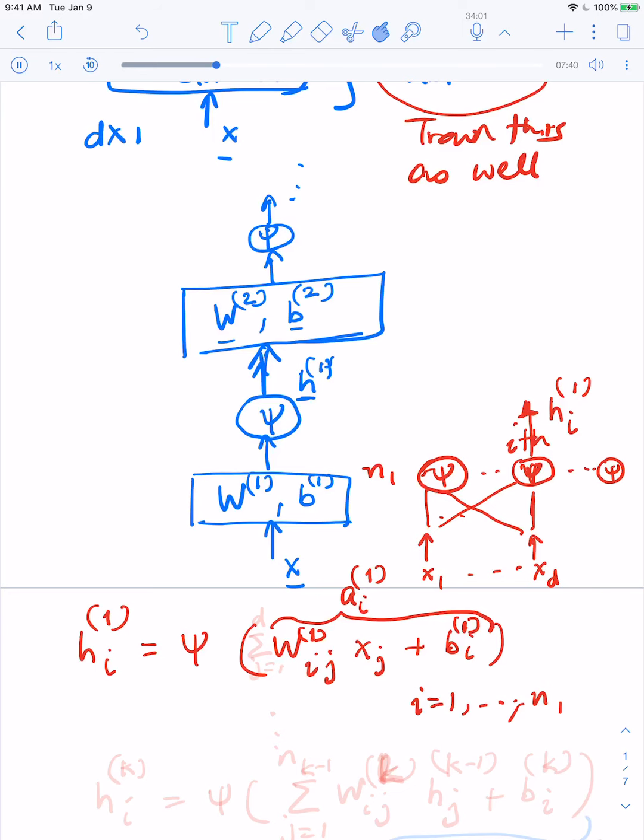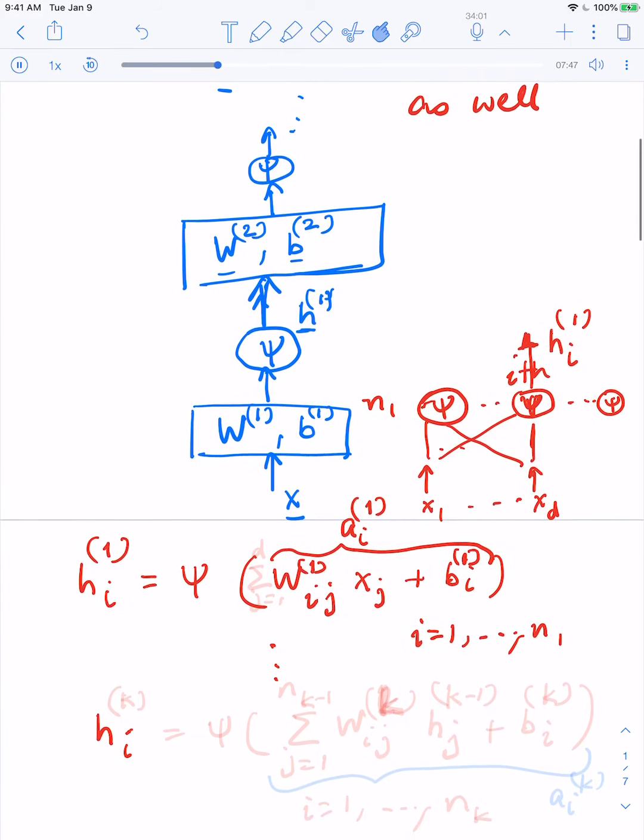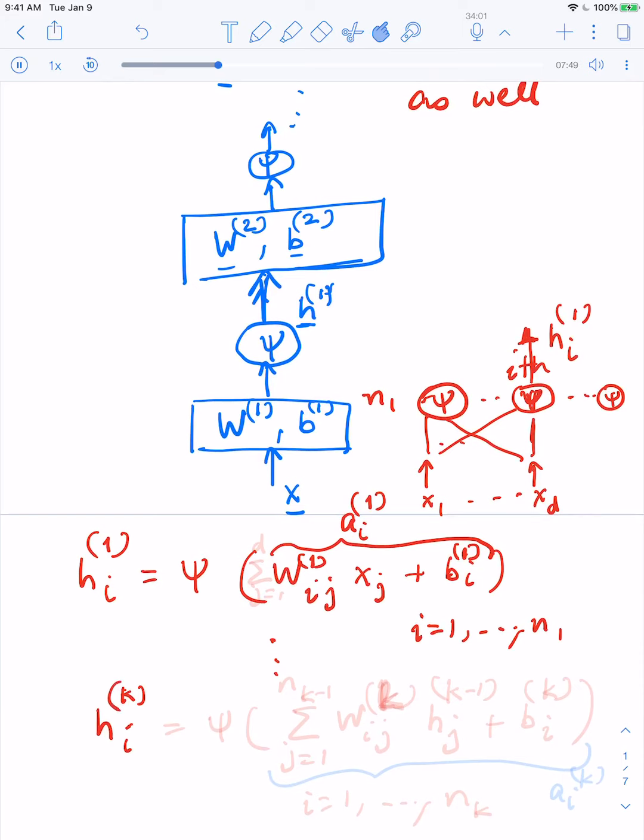As I proceed upwards through the layers, I'll have that for the kth layer, the ith neuron there, and this is of course a completely different i. I forgot to put the summation here. This is a summation over j, j equals 1 to d, right? There was a summation of the weighted inputs coming from all these guys.